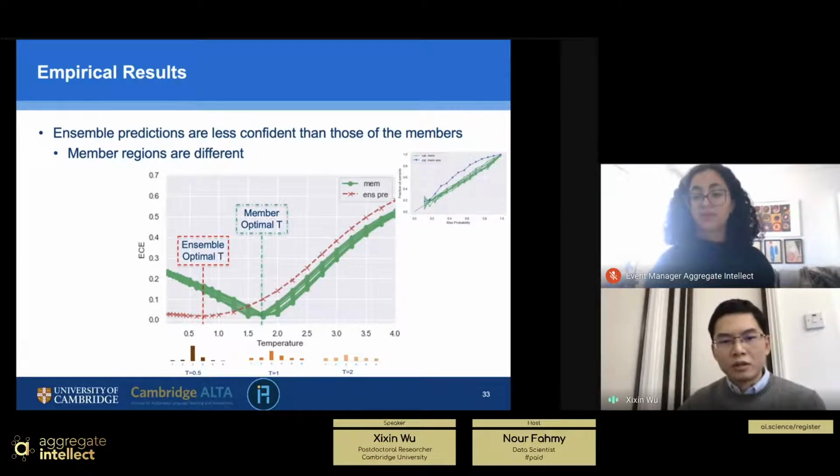Then we see what temperature we need to have a calibrated ensemble, and the optimal temperature for the ensemble is here. So the temperature required to calibrate the ensemble is lower than all of the members. As we mentioned, a lower temperature scales the probability to be sharper, so we can see that the ensemble is actually less confident than the members, and this is coincident with our analysis.